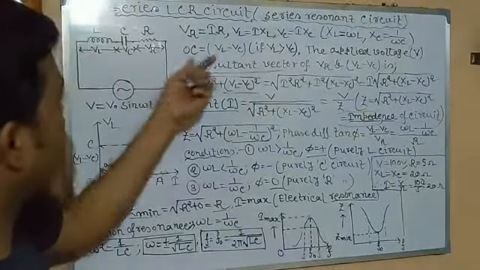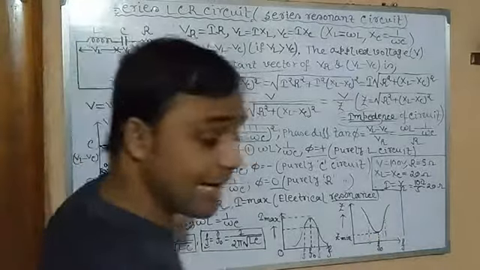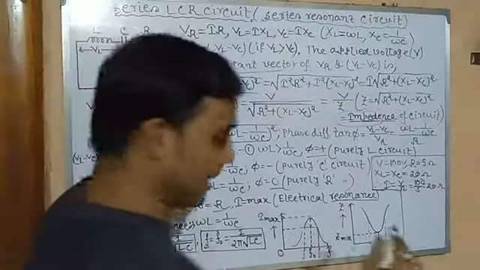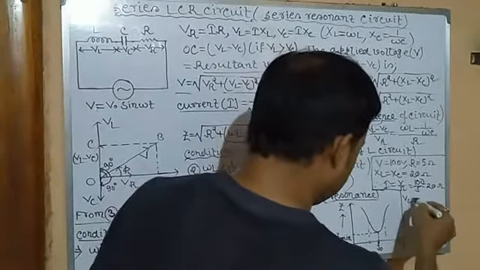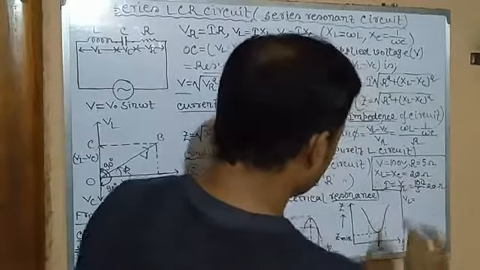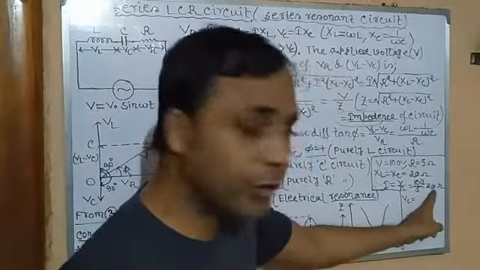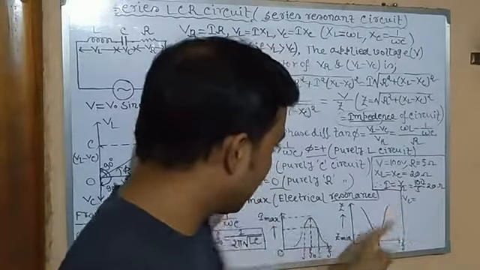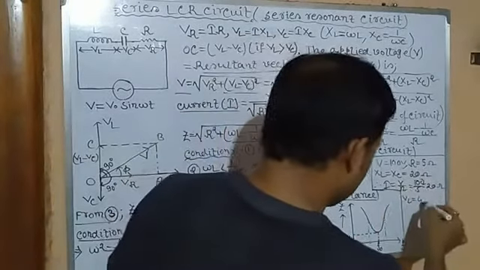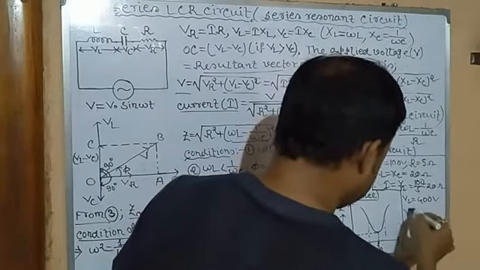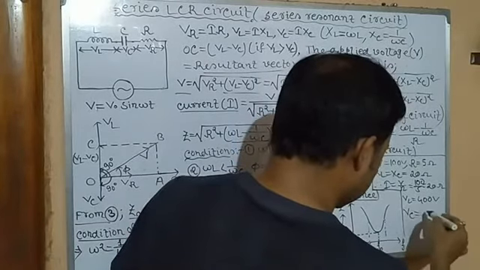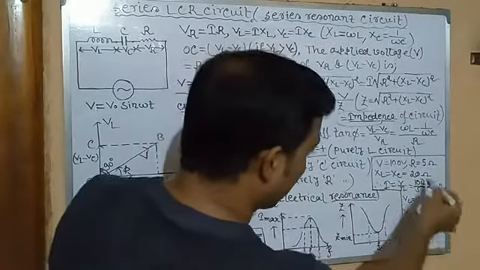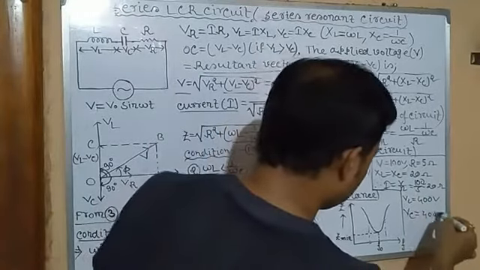Now we will find VL and VC, the voltage across the inductor and across the capacitor. VL equals I into XL. I is 20 ampere, XL is 20 ohm, so 20 into 20 equals 400 volt. VC will also be I into XC, 20 into 20, 400 volt.